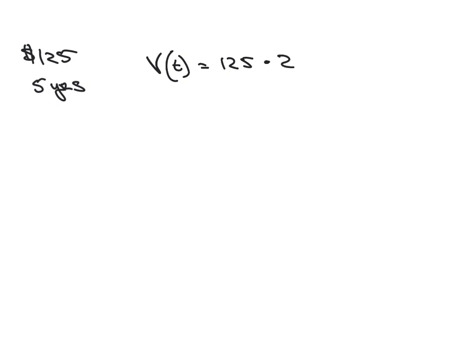So let's look at a story problem here. Example 3. We've got a painting purchased as an investment, and it costs you $125. Not much of a painting. If its value increases continuously so that it doubles every 5 years, then its value is dependent on how much time goes by, v of t, so we know it's a function, equals 125 times 2 to the t over 5.